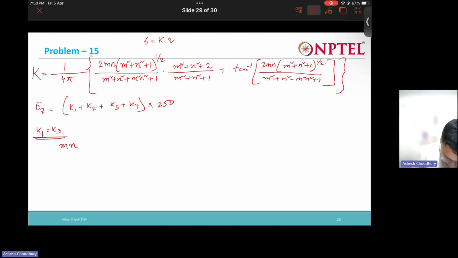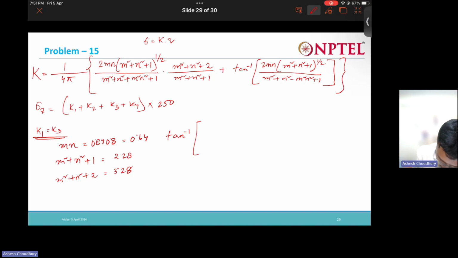So what is mn? Mn is 0.8 into 0.8 for area 1 and 3, right? Then m square plus n square plus 1 we can calculate. Now calculate m square plus n square plus 2 also. Okay, so now we'll put in this expression. Let us look at the tan inverse expression.